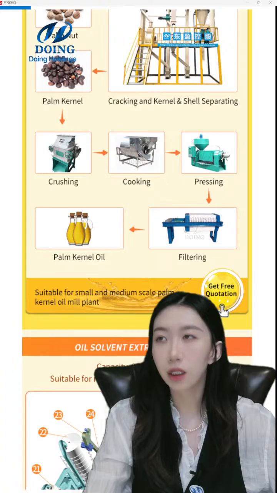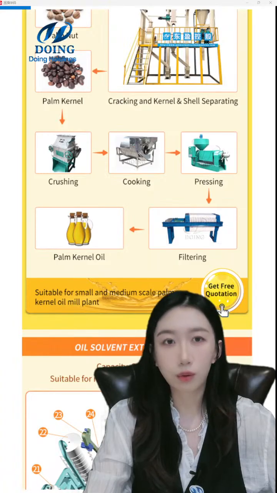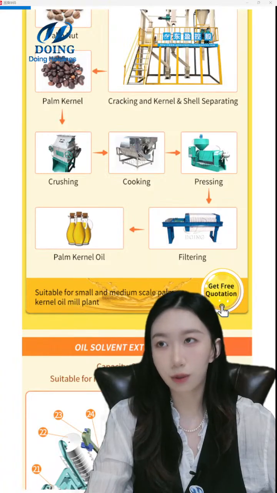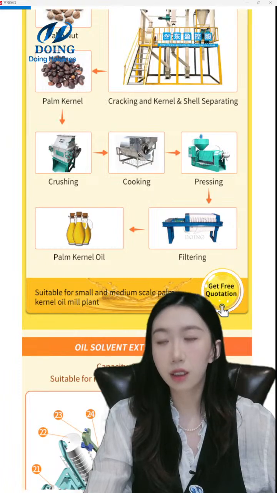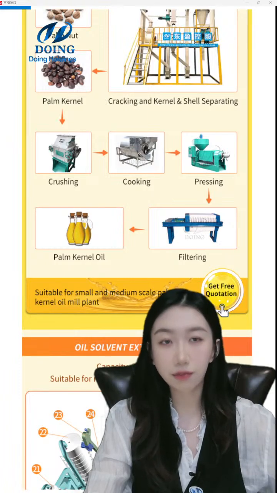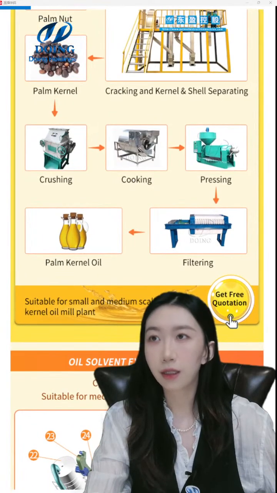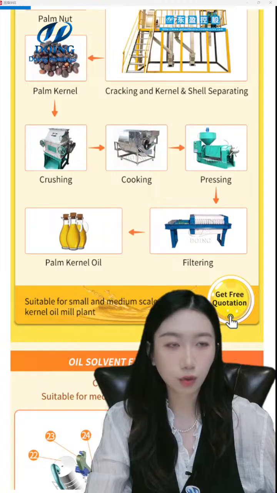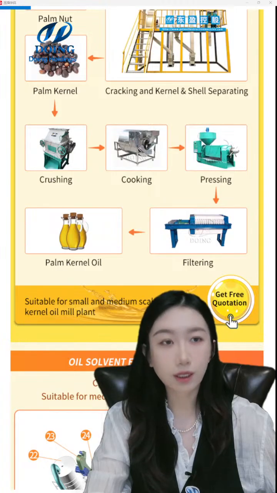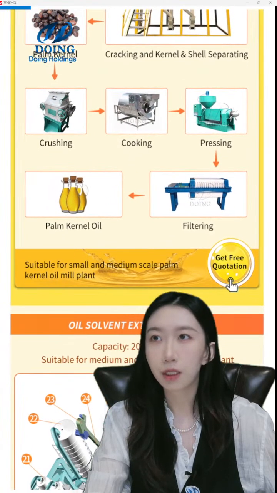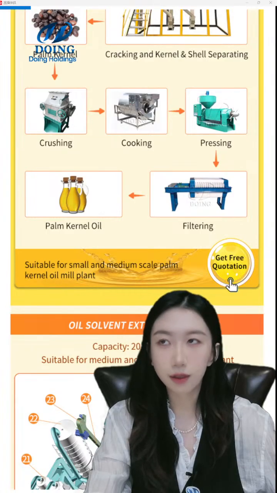And next, the palm kernel will be transported to the presser. The presser is a specific palm kernel presser. The internal screw has better wear resistance, and the screw lifespan is longer.